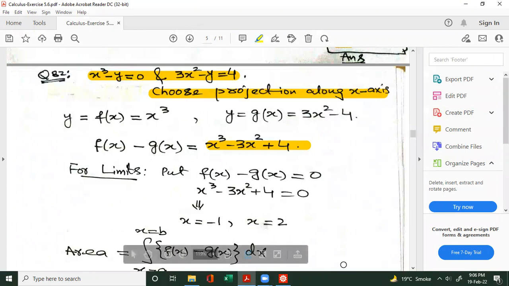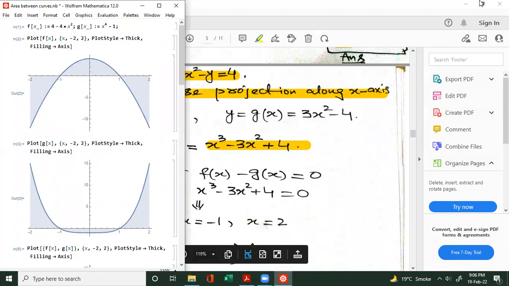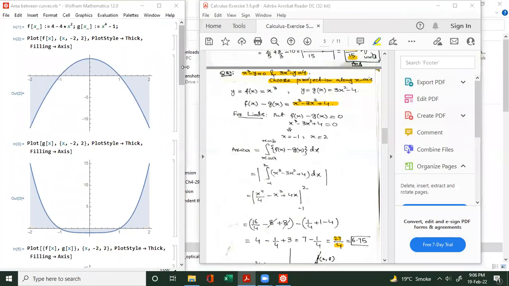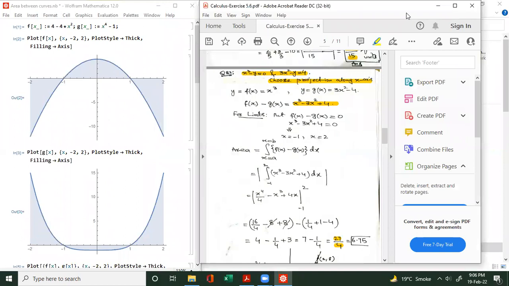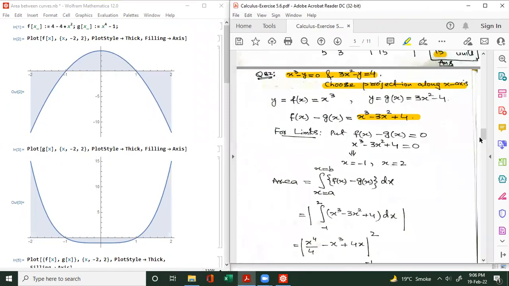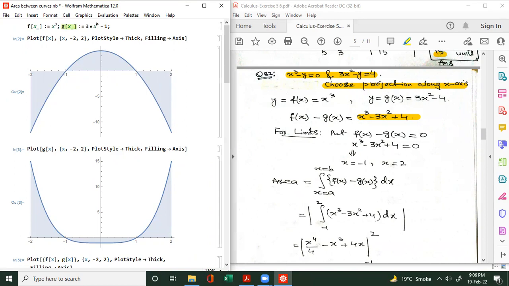My first function is x cube, and the second function is 3 multiplied by x square minus 4.